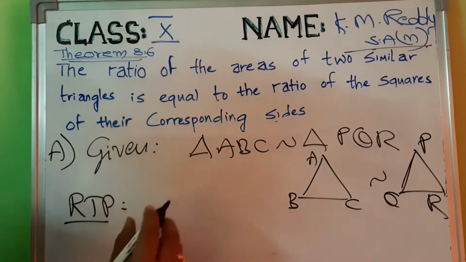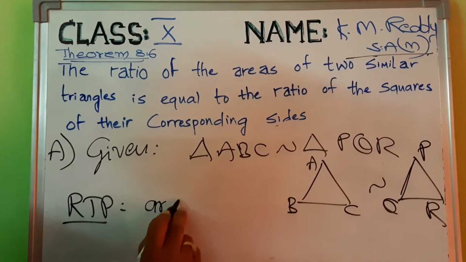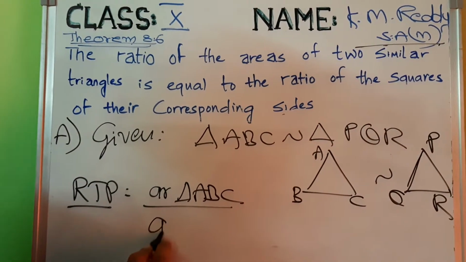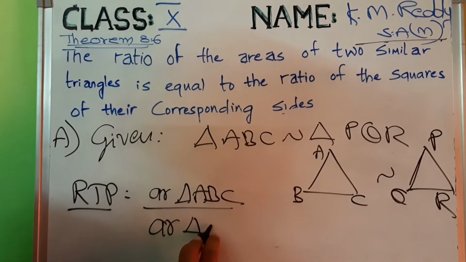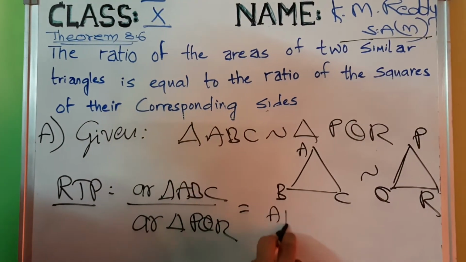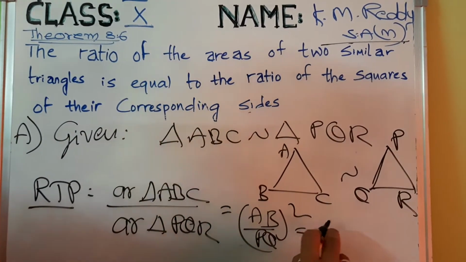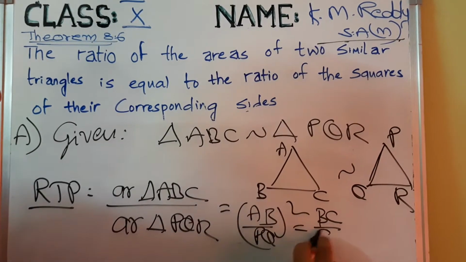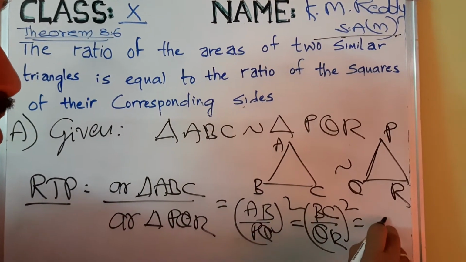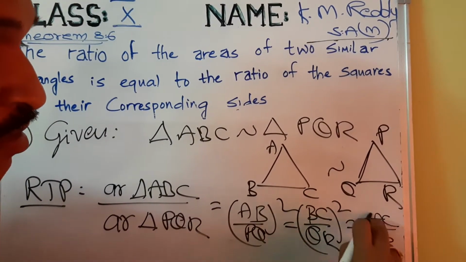What should we prove? Area of triangle ABC by area of triangle PQR is equal to AB by PQ whole square is equal to BC by QR whole square is equal to AC by PR whole square.